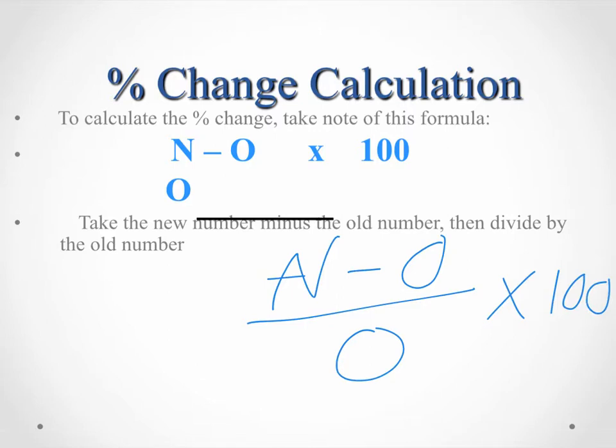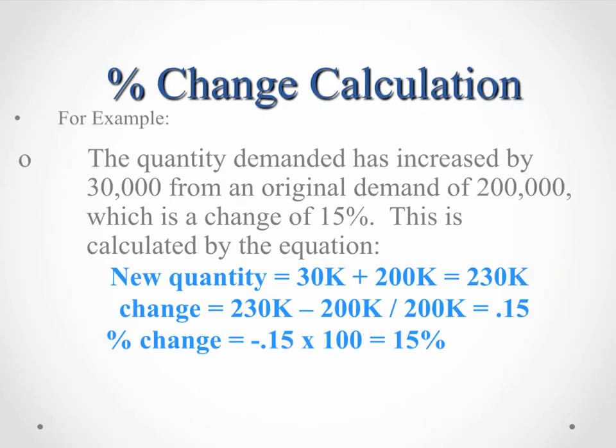Let's give a specific example. Let's say the quantity demanded has increased by 30,000 units from an original demand of 200,000, which is a change of 15%. This can be calculated by first figuring out what our new quantity is.